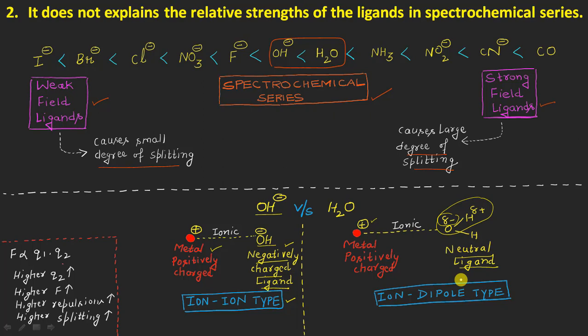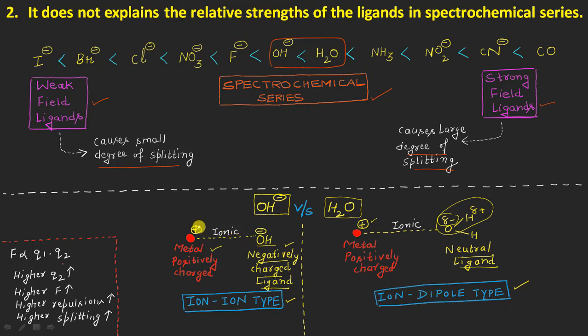So finally we can say here that the interactions in case of water are of what type? These are the ion-dipole type of interactions. Once again, as far as the hydroxide ion is concerned as a ligand, the interactions are of ion-ion type. On the other hand, in case of water as a ligand, the interactions are what? These are the ion-dipole type, right?